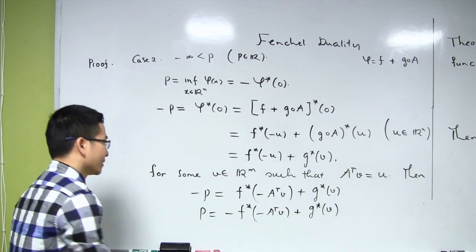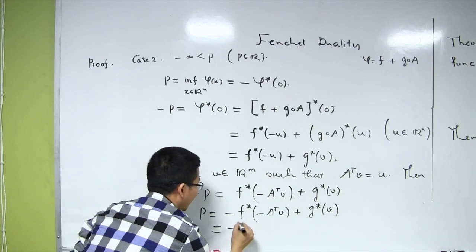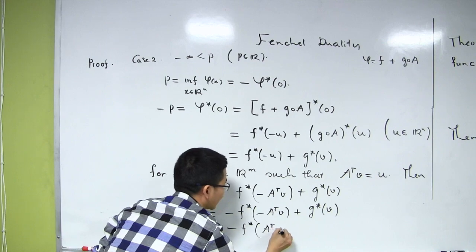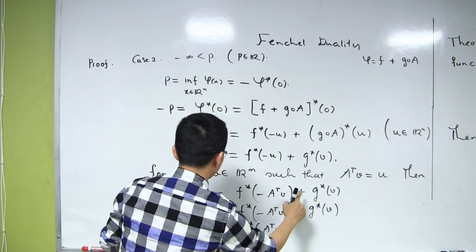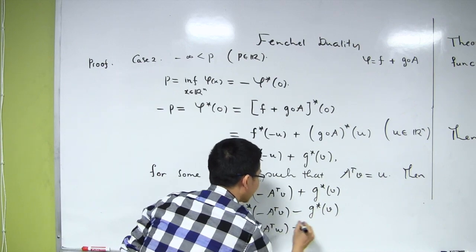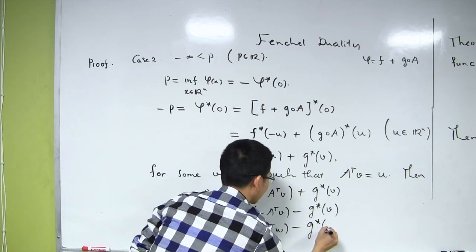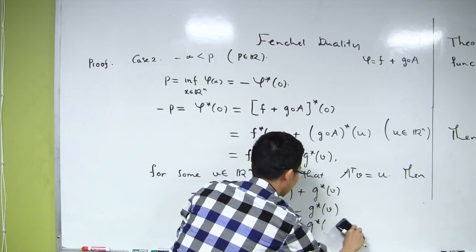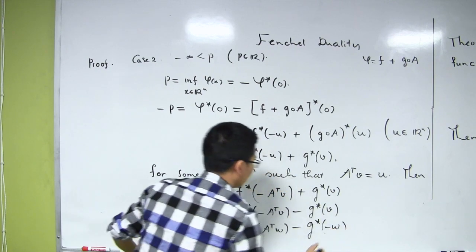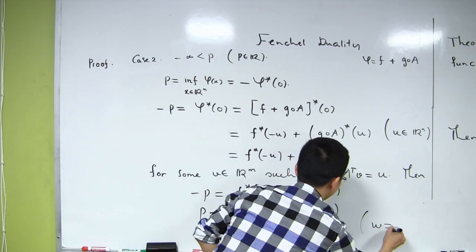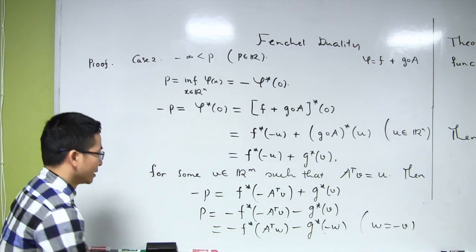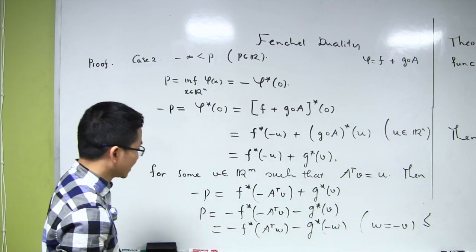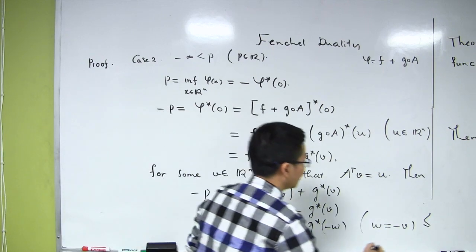Okay, so this one can be written as minus f star of A transpose times w, minus g star of minus w, sorry, where w here is equal to minus v. Okay, so this is always less than or equal to the supremum.